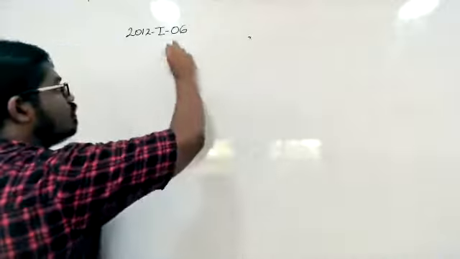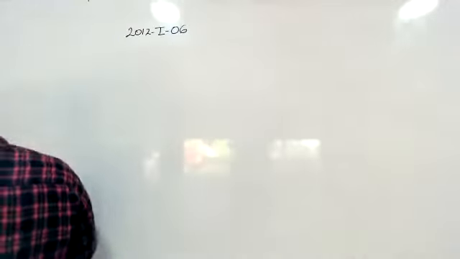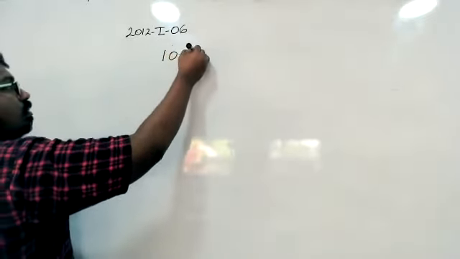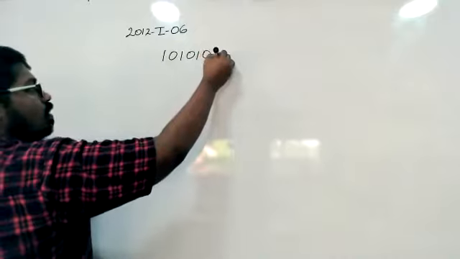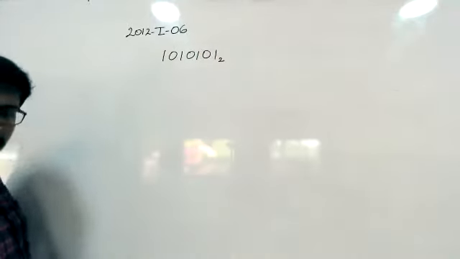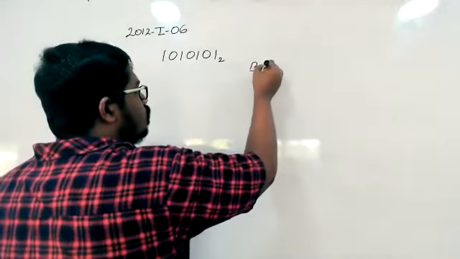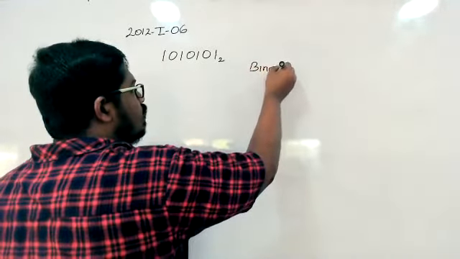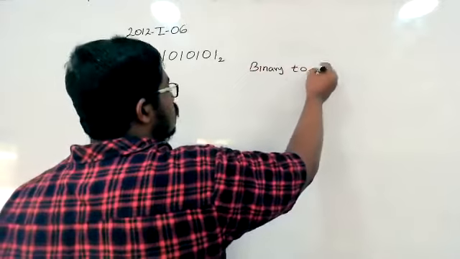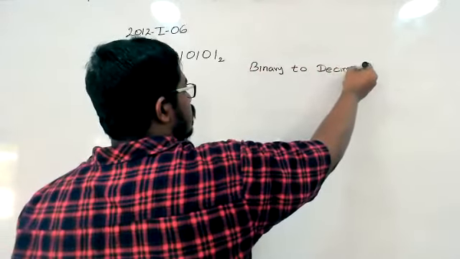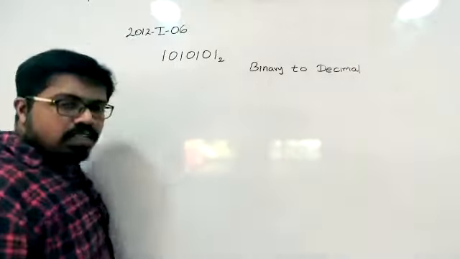So the given binary number is 1010101 base 2. What we are going to do is perform binary to decimal conversion.